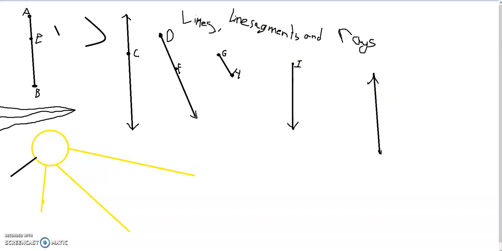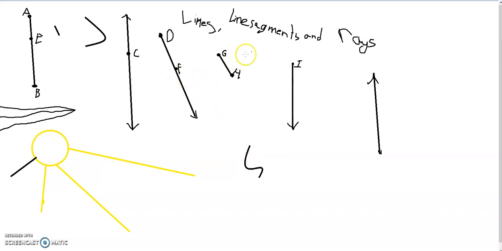Now, what is this? Line segment, line, or ray? Trick question. It's none of those. It curves. It's not any of those.